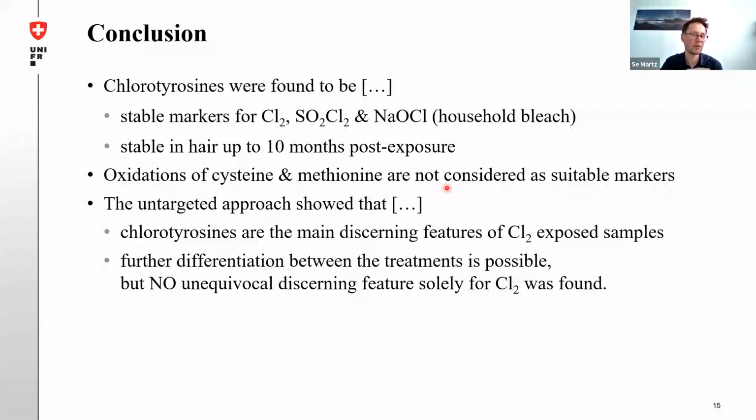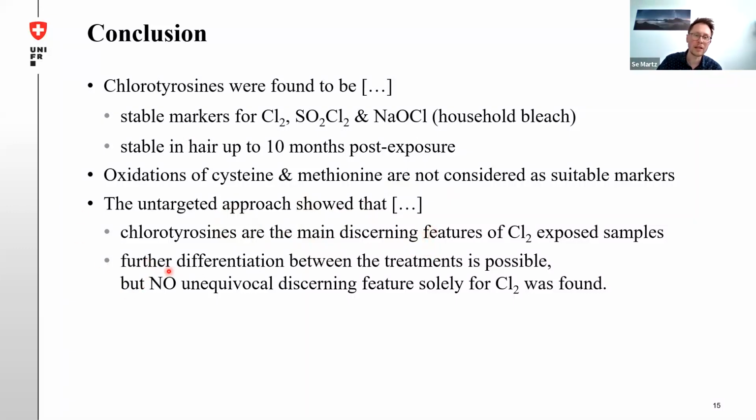As I said, there was a high background level for these chemicals. And our untargeted approach in the end showed that the chlorotyrosines were the main discerning features, which was actually very important to know that we were on the right track.